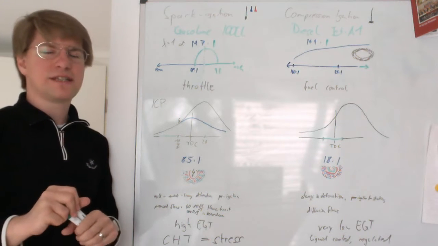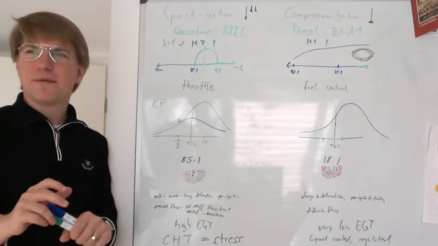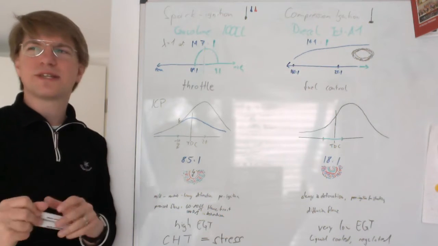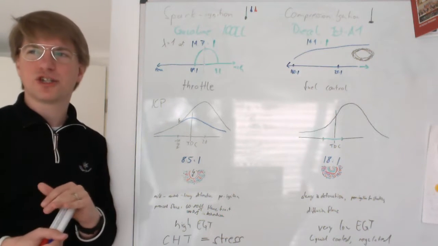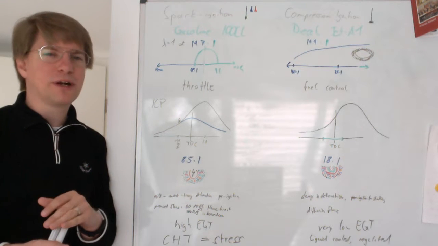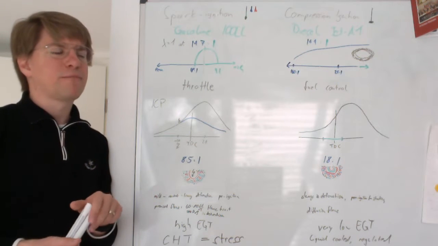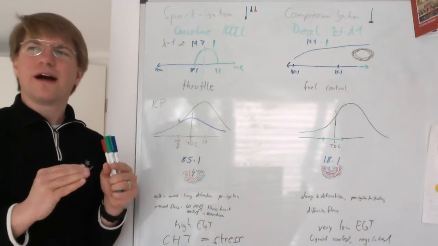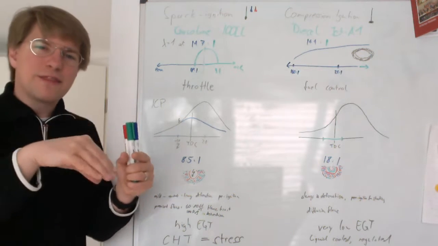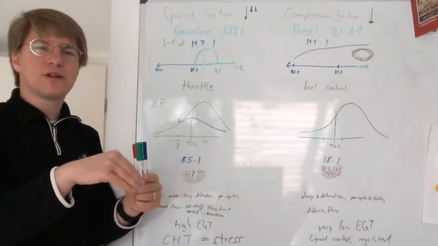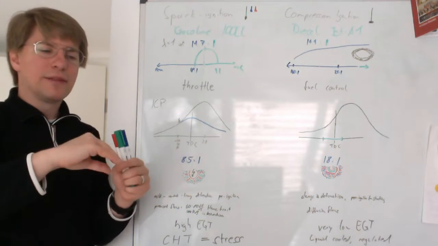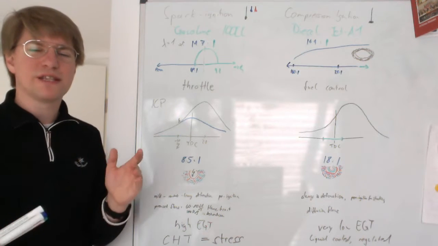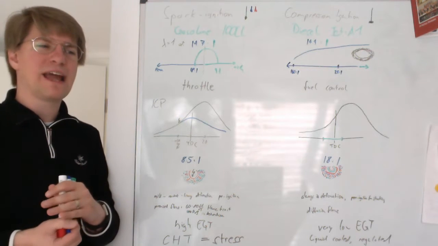Not all engines can do that. The reason is there's a cylinder-to-cylinder and also a cycle-to-cycle variation in the combustion, especially with carbureted engines. The mixture is made at one central carburetor, and then the intake runners that go to the intake ports of the cylinders are not all of equal length.